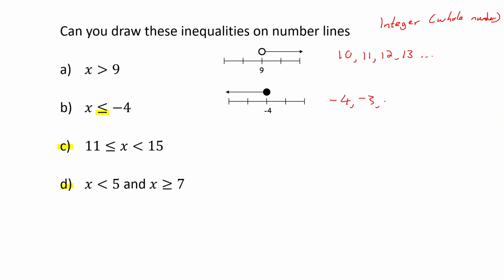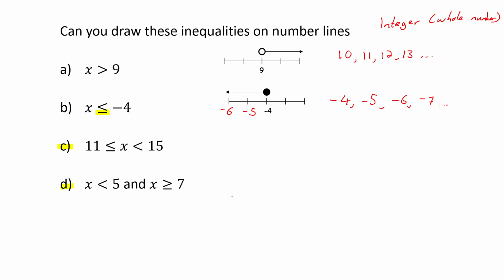Sorry, very silly mistake there. Less than minus 4, we're going in the downwards direction. So minus 4, minus 5, minus 6, minus 7, and so on. These numbers are less than minus 4.